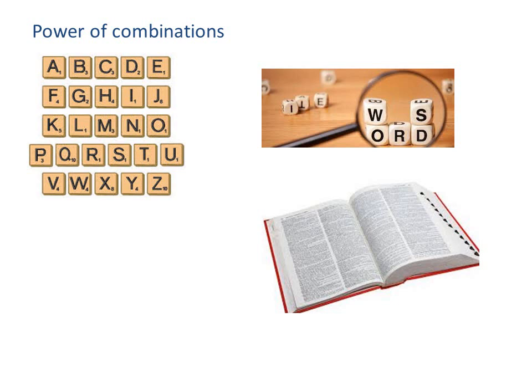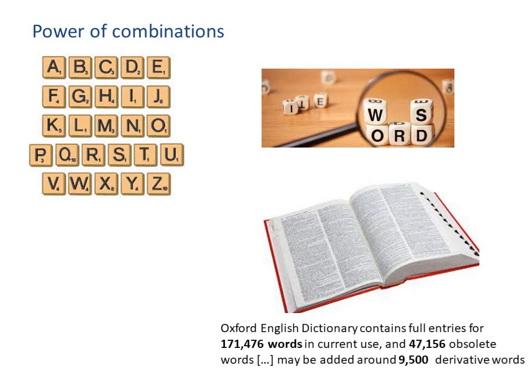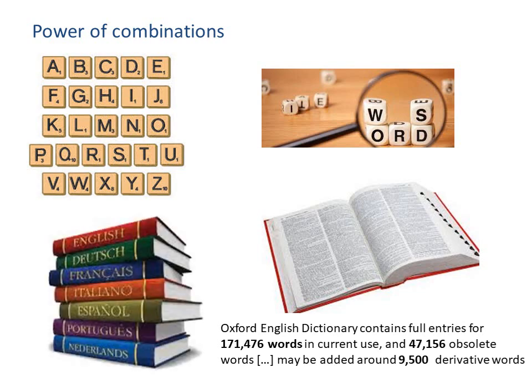Sometimes the rules can be X letter cannot go before the other one, or you cannot end a word with a particular letter, but in general, you actually have a power of combination that is tremendous. So if you guessed around, I don't know, 200,000, you probably were on the right track. But that's only if we're counting English. These letters can be combined to form words in many, many languages.